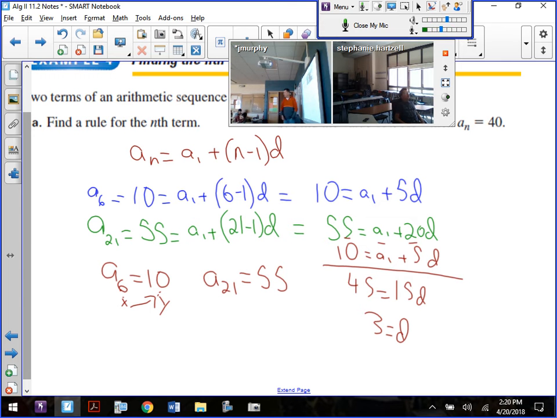As you substitute through, change in y over change in x. Slope. Okay? So 55 minus 10 over 21 minus 6. You get 45 over 15. Either way, it works just fine when you're talking arithmetic. There is nothing wrong with that, okay? There's nothing wrong with it.